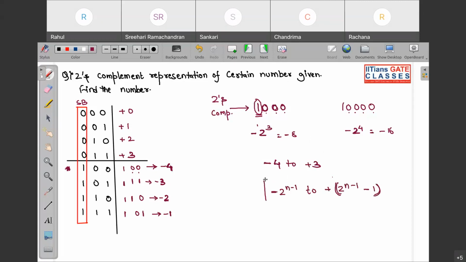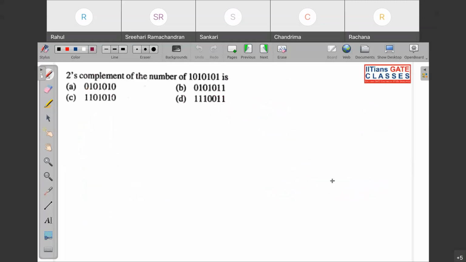So this is the range of numbers that is generated using 2's complement representation. This is asked a lot of times in such kind of exams. Now these are your questions. We are going to solve them one by one.